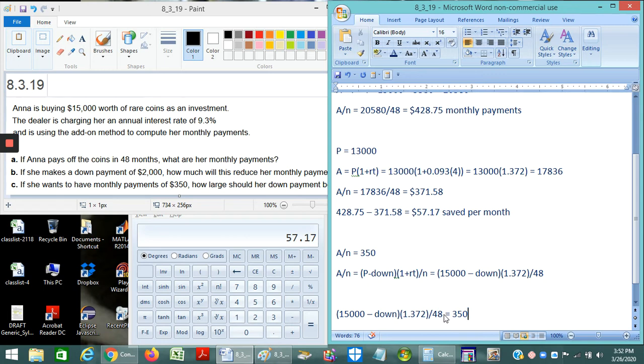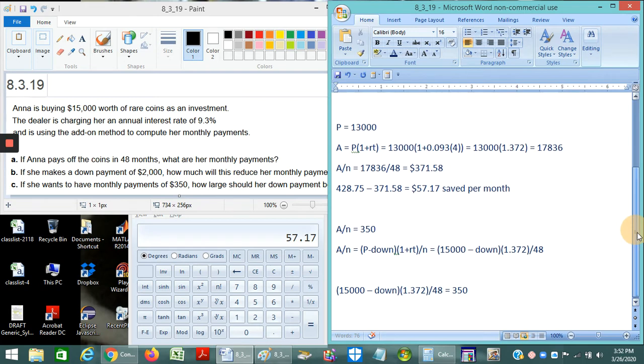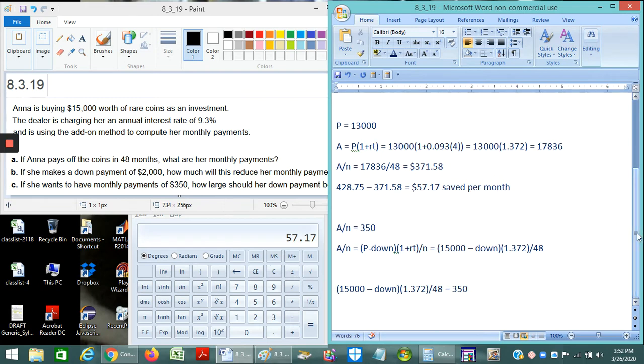So if we try to solve for the down payment, we will multiply both sides by 48. We will then divide both sides by the 1.372. We'll subtract that 15,000 from both sides, leaving us with negative down. And then we'll have to multiply both sides by negative.